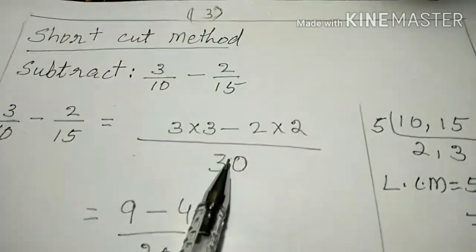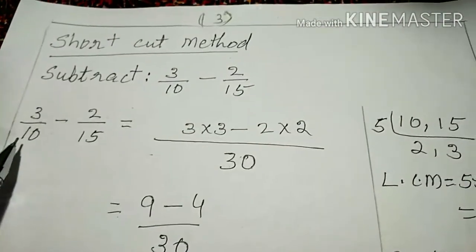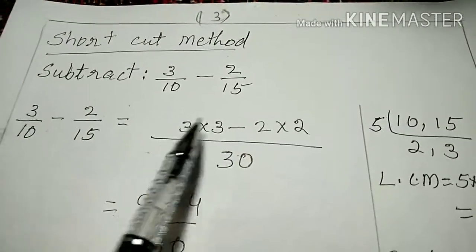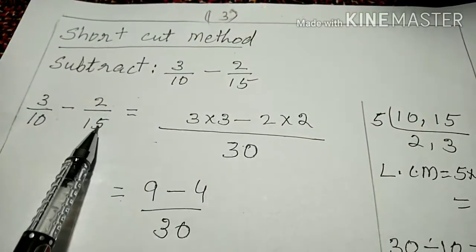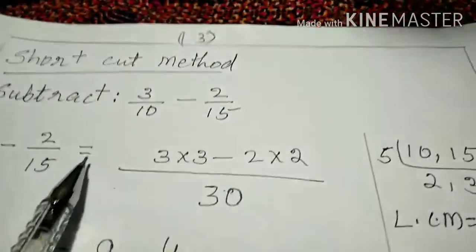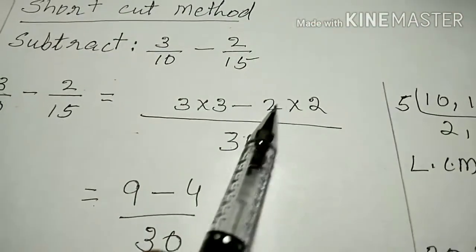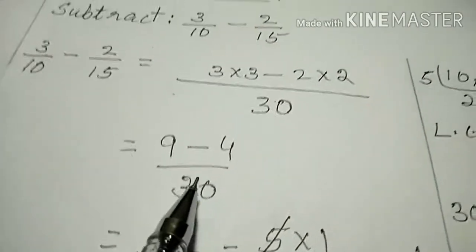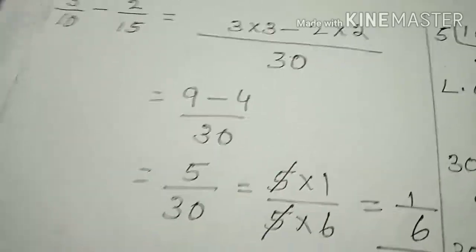Then divide this LCM 30 by the denominator of the first fraction, that is 30 by 10 is equal to 3, and multiply with the numerator, 3 into 3, minus 30 divided by 15, that is the denominator of the second fraction, and multiply with the numerator. 30 divided by 15 is equal to 2 and multiplying 2 with the 2. Therefore, this will be equal to 9 minus 4 by 30, that is equal to 5 by 30, that is equal to 1 by 6.